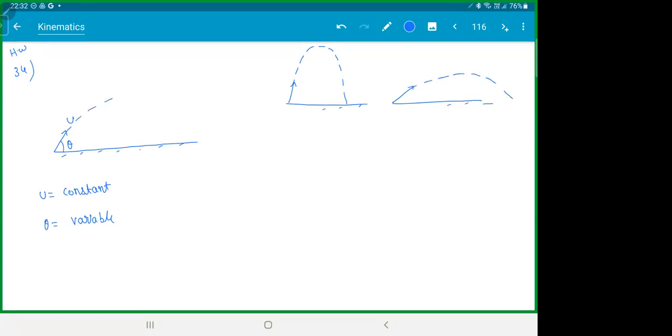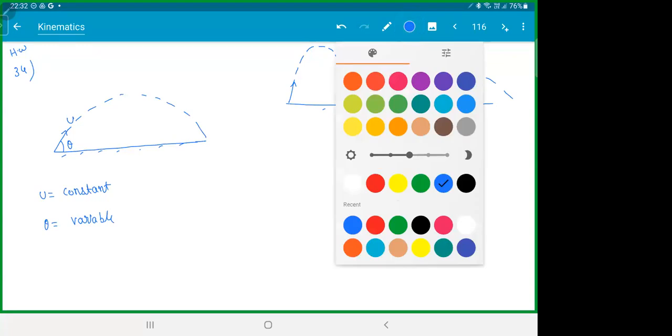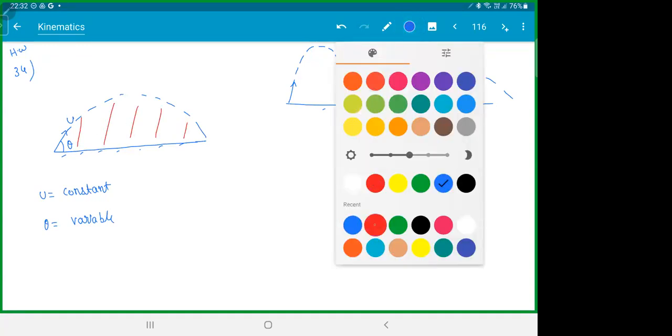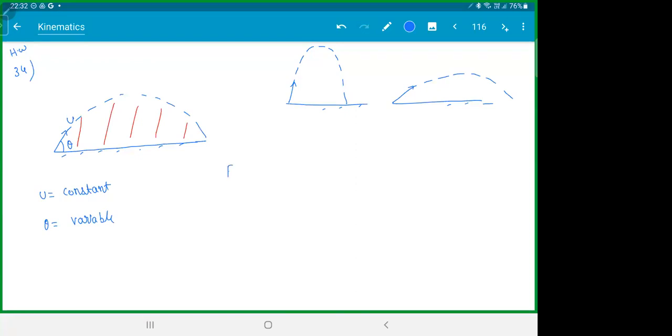So the question is, when you throw like this, find the angle for which the shaded area is maximum. Find theta for which the area under the curve is maximum. There is a shaded area.